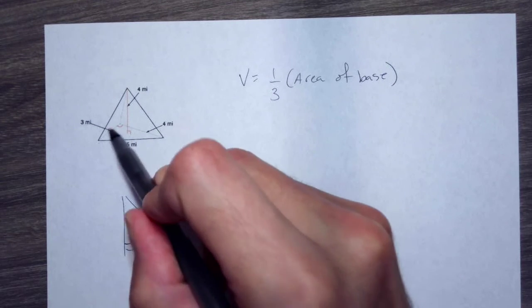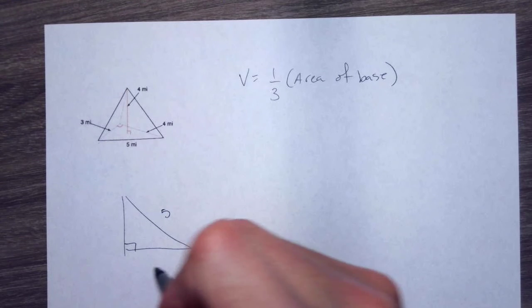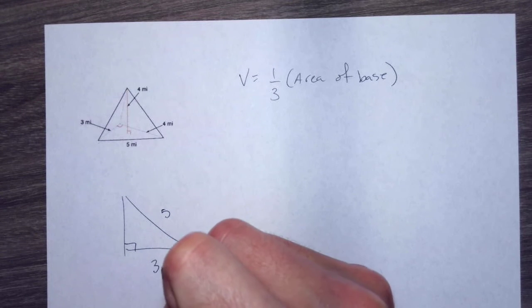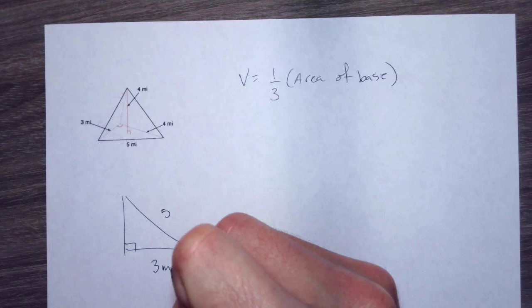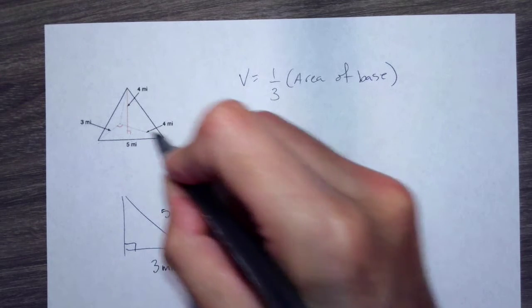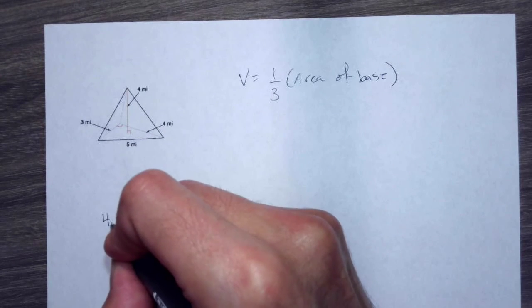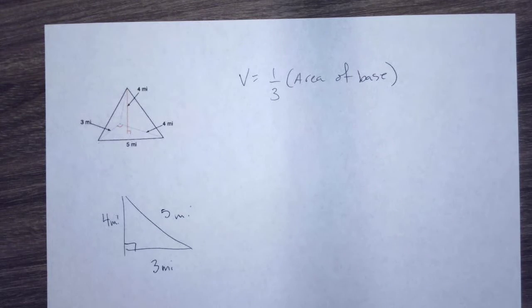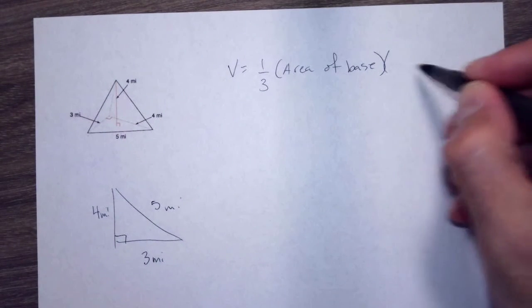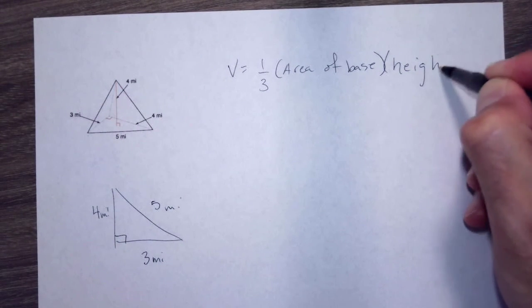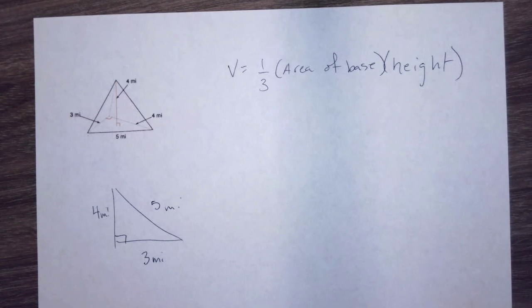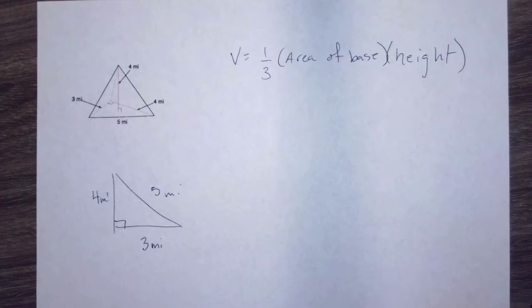It looks like maybe the small edge is, I didn't really draw it very well, but I'm going to say 3 miles, and the longer edge is 4 miles. Okay, so area of the base times the height, and it's still all the same stuff.